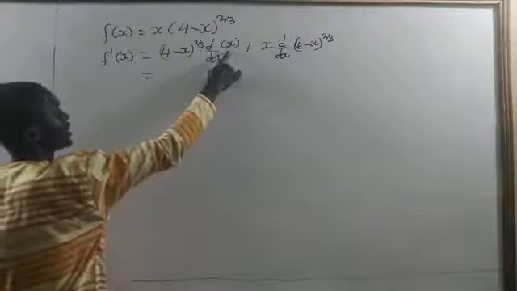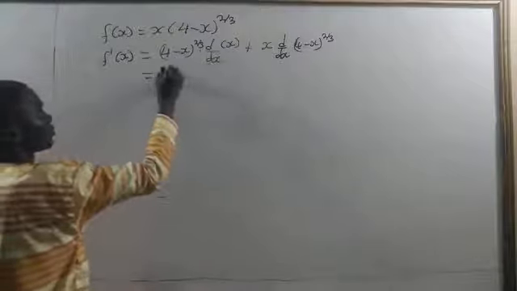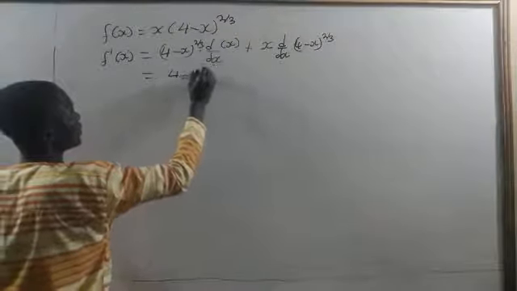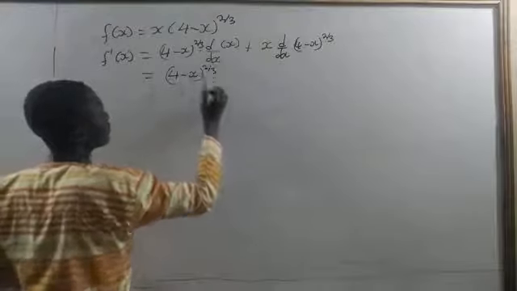So if we differentiate x with respect to x, we get 1 times (4 minus x)^(2/3).